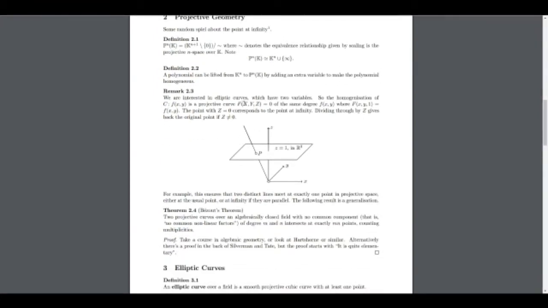If we look at this diagram here, this is our plane R2, and we're lifting up to a projective space. So we go into R3, and then we consider the equivalence relationships of the lines here. And each line intersects the plane at exactly 1 point. That's the point that corresponds to a normal point, except when z is 0, which is down here.